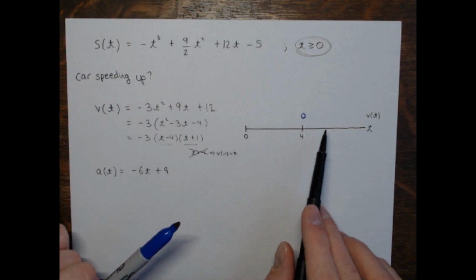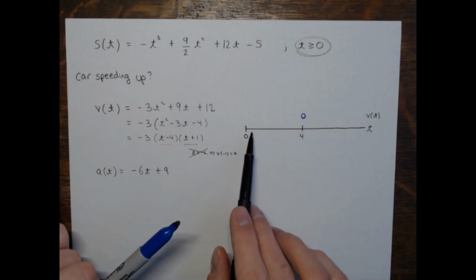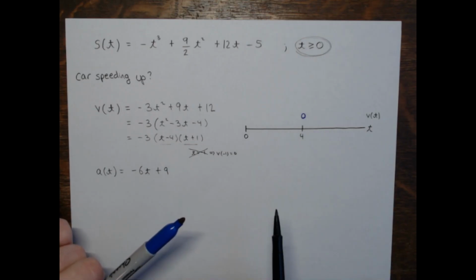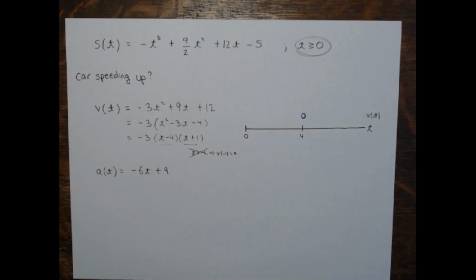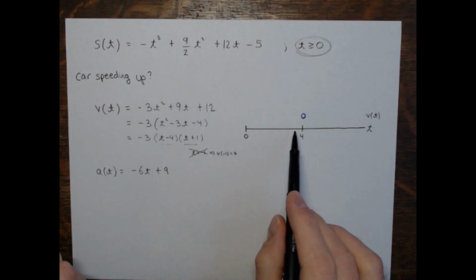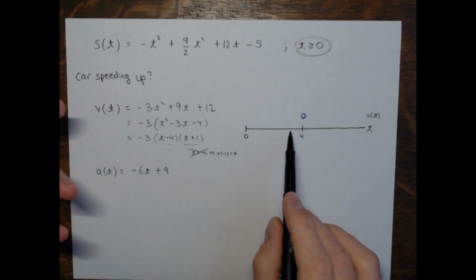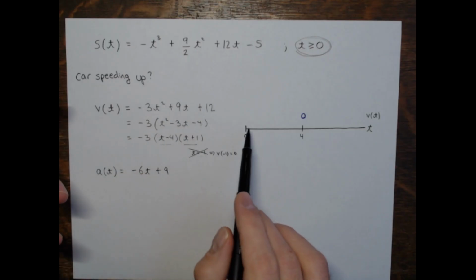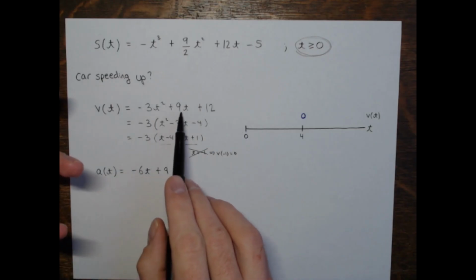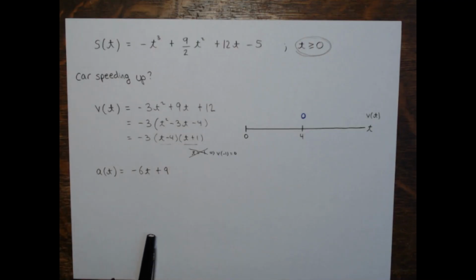Now we care about the times to the left of 4 and to the right of 4, and if the velocity is positive or negative. To the left of 4, you can plug in 0, 1, 2, 3 into my velocity here. Well, 0 would be nice. If t were 0, clearly you've got a positive velocity.